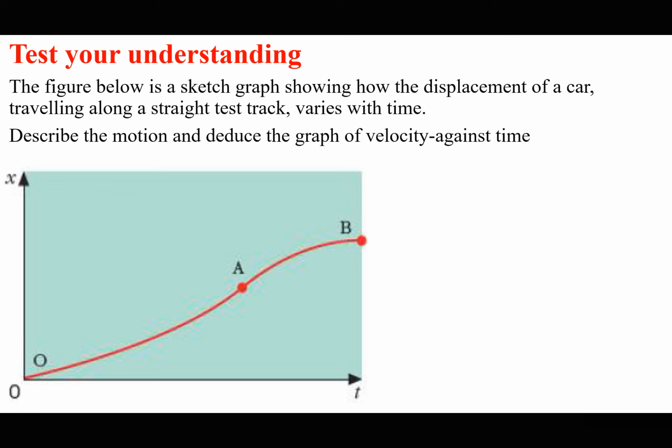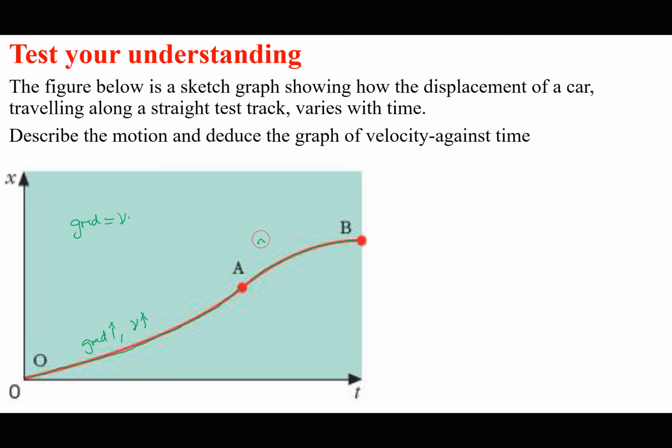So when we look at this graph between O and A, we see the curve has an increasing gradient up to A. And remember, the gradient of a displacement time graph is the velocity. Because the gradient is increasing, we can say the velocity was increasing between O and A. Then after A, the curve is curving toward the horizontal.